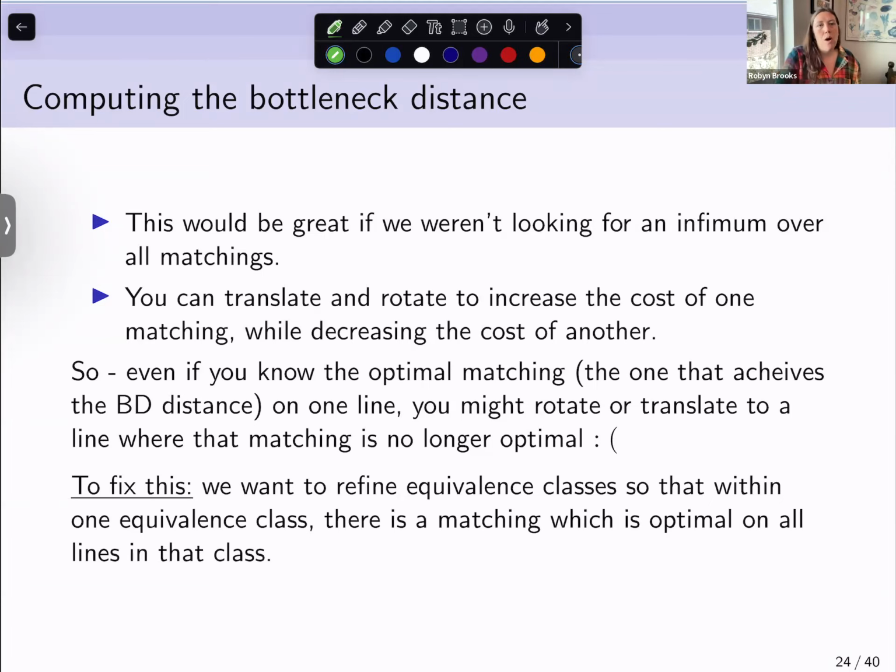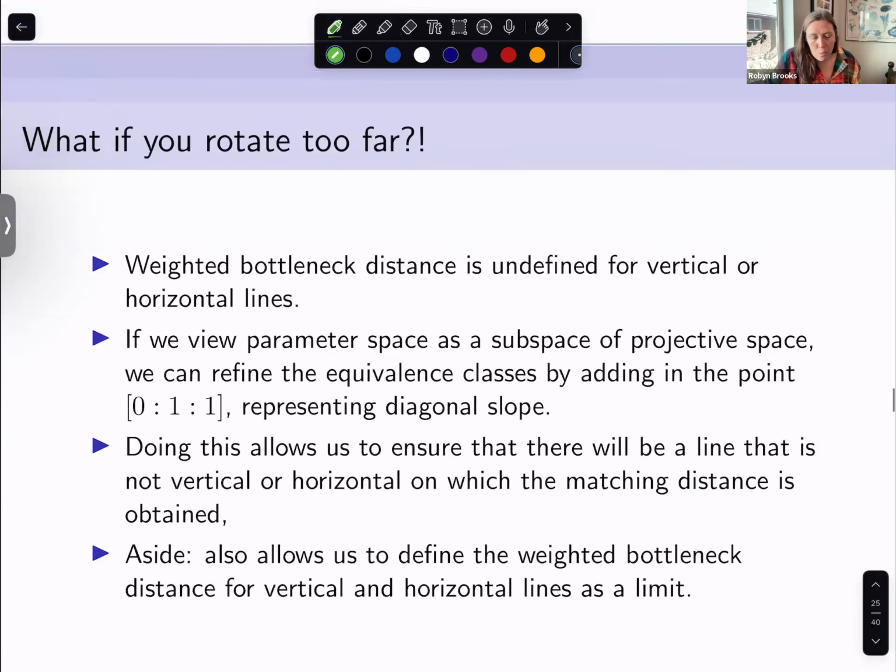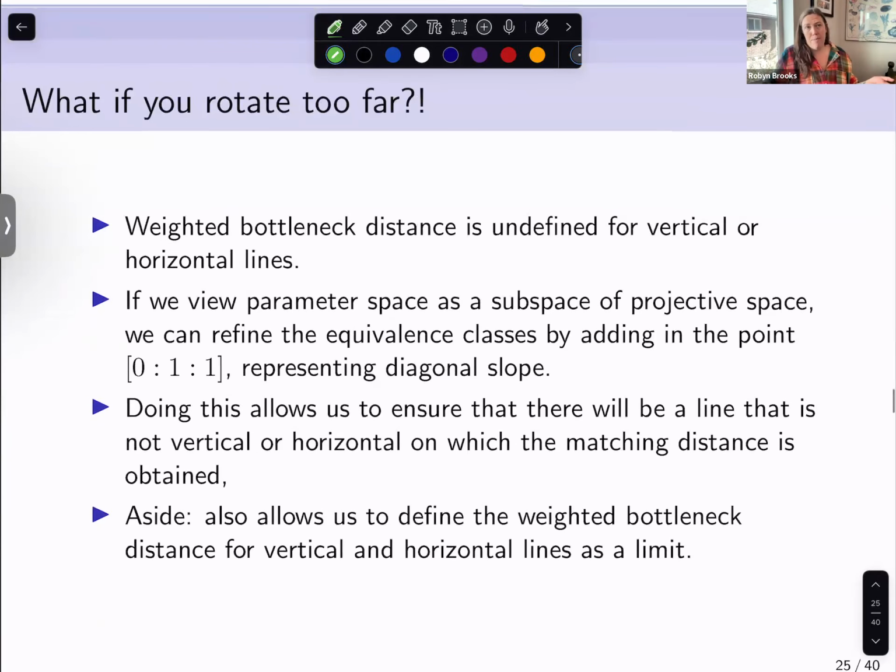Okay. So I'm going to tell you how we're going to refine the equivalence classes, but first I want to address one little issue, which maybe people thought about, or maybe I'm talking so fast that you didn't even have time to think about it. That's okay. So we're moving through lines by translation and rotation. If I translate a line with positive slope, it's still going to have positive slope.